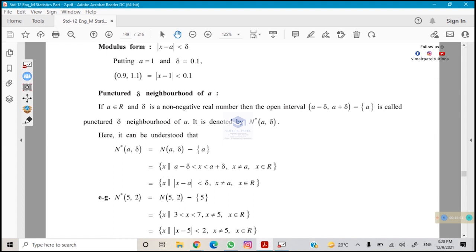Like when a tire gets a puncture, a hole appears at that place. So N asterisk A delta means N A delta except A. So here N can possess any value between A minus delta and A plus delta but not A. For example, for the punctured neighborhood of 5, 2, N can possess any value in the interval but not 5.